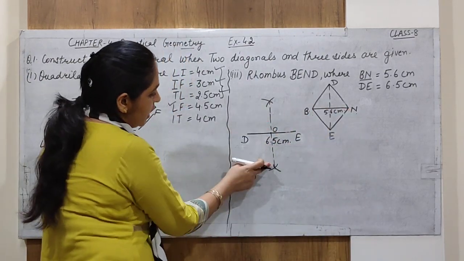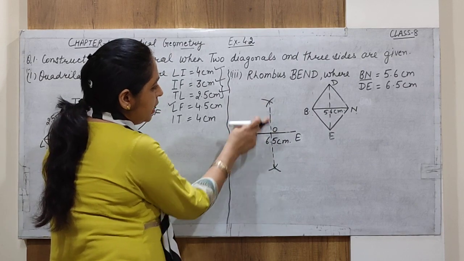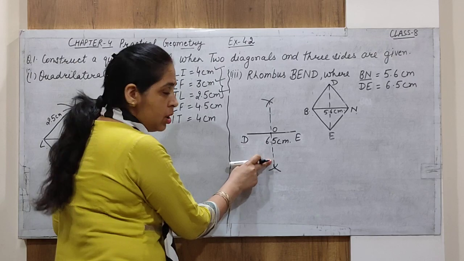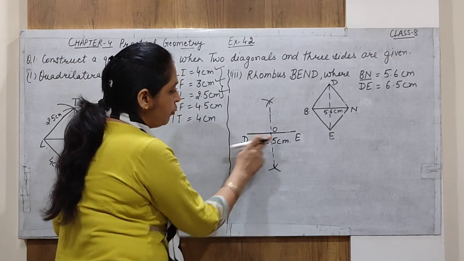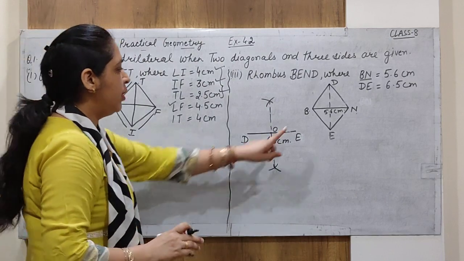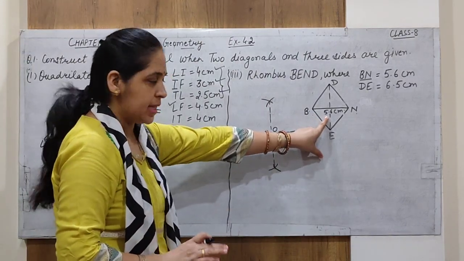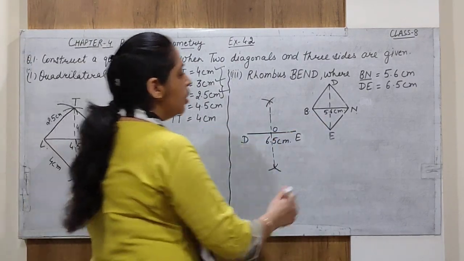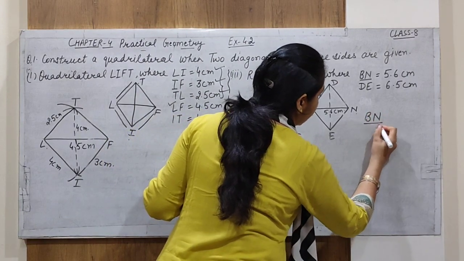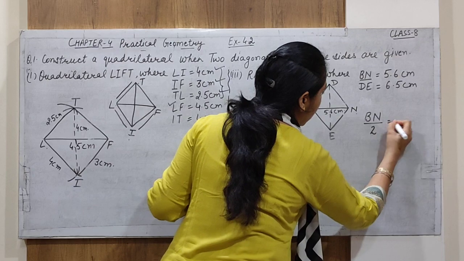So we have to select two points for BN: B on the upper side and N in the downward direction of DE. How can we draw BN of length 5.6? We have to break BN into two parts.